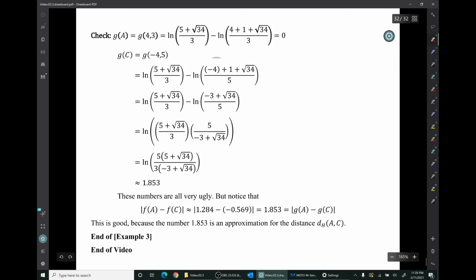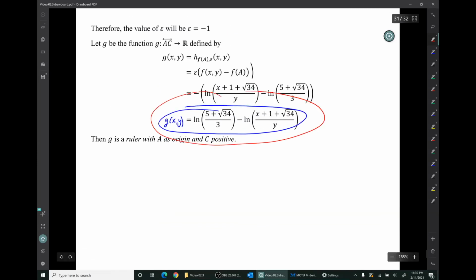So let's check this by computing G of A. So G of 4, 3. Well, we go get our formula for G of x,y. That's this big messy formula. Now notice that in that formula, there's only one place for an x, it's there. There's only one place for a y, it's there.